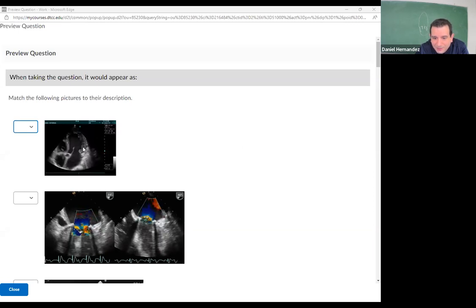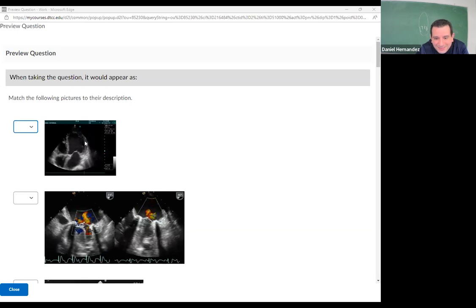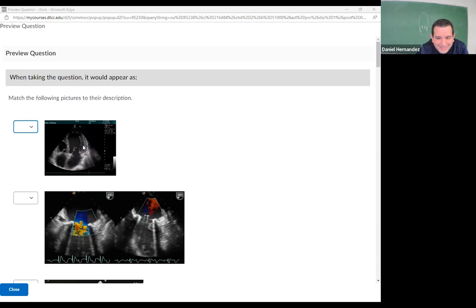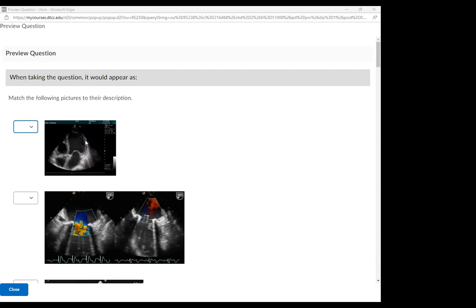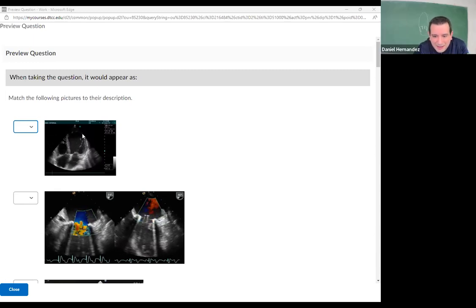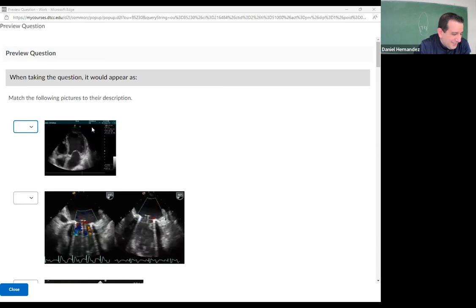Does anyone remember what wall this is? Is it lateral? Lateral, yeah. So remember, we don't have an actual just lateral wall. Is it anterolateral or posterolateral?